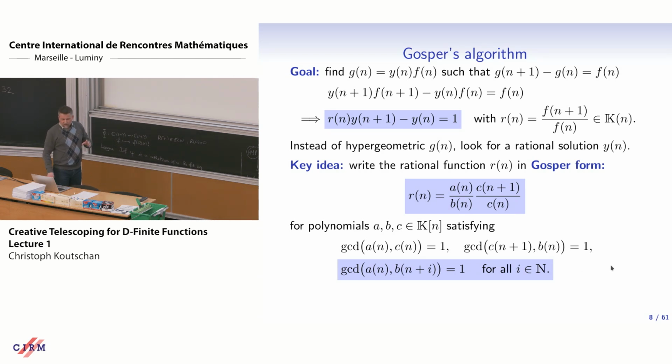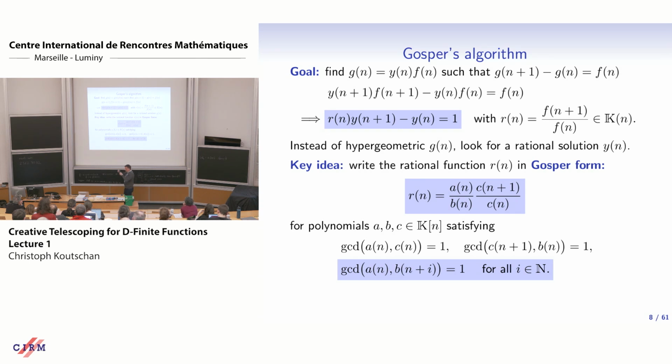And somehow this corresponds to extracting a polynomial from the hypergeometric term. So we want to write our hypergeometric term f that we want to sum as a polynomial times another hypergeometric term that has a certificate, a rational function that is as simple as possible. This is achieved by this Gosper form.